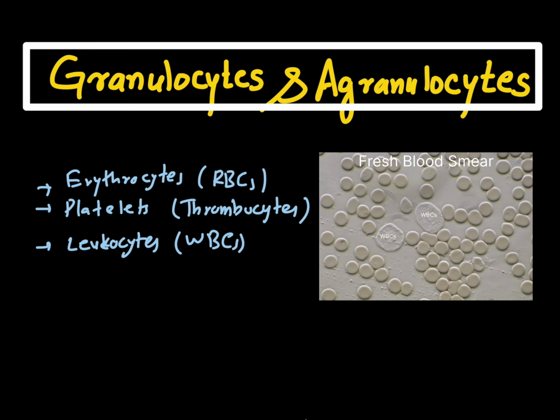The reason they are called white blood cells is because, unlike red blood cells, they do not contain hemoglobin, right? The protein that carries oxygen. They do not contain hemoglobin. Therefore, they appear to be colorless or white in their natural state, right?